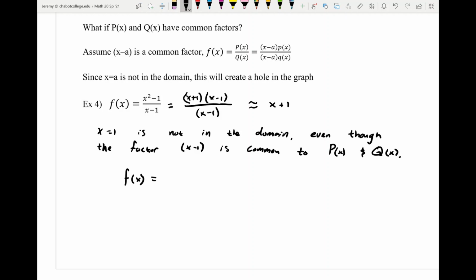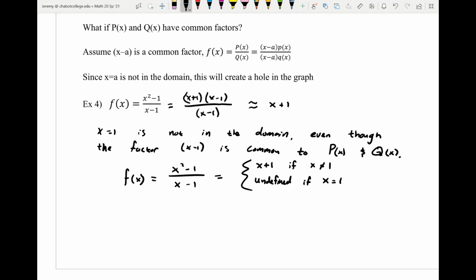So f of x is originally defined as x squared minus 1 over x minus 1. Another way to write this is that it is equal to x plus 1, the simplified version if we cancel out that common factor, as long as x does not equal 1, and then it is undefined if x is equal to 1.